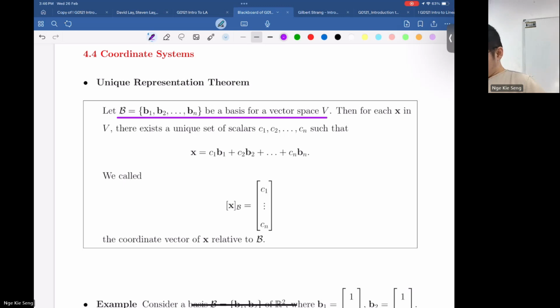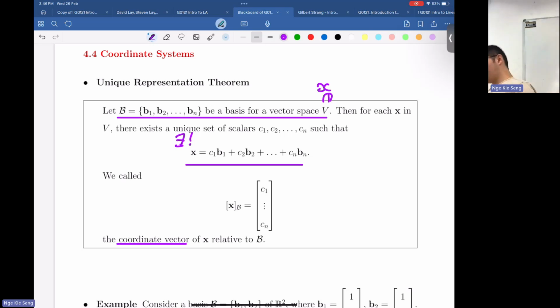Then the content of this theorem is that for every element in V, we can write it uniquely in this form, such that we can define it as a coordinate vector for this x.